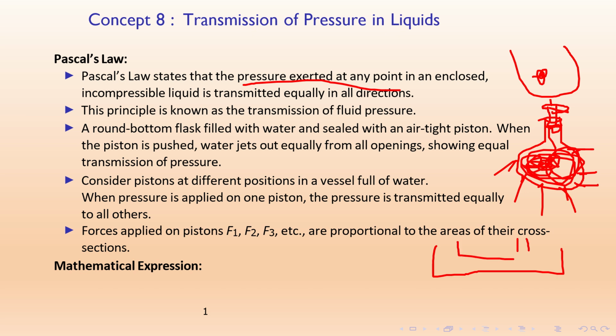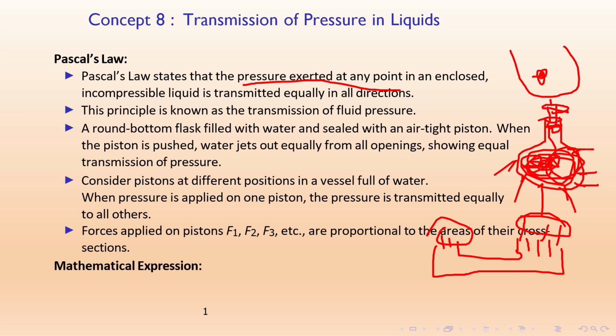Here there is one piston, here one piston, and I am keeping one more piston here. When I apply some force at this piston, the pressure is transmitted to all three pistons, and the forces on them depend upon their areas of cross section.